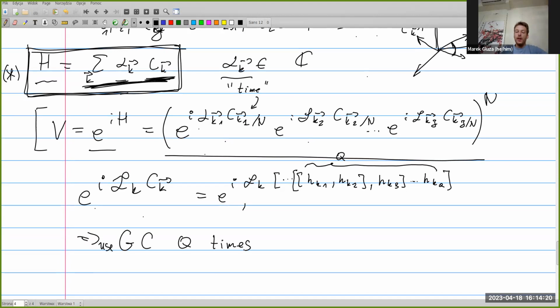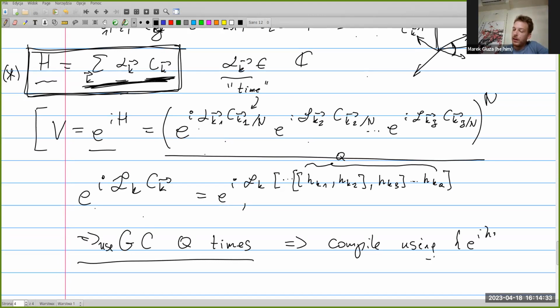If you already trust this, it means that we compile using gates e to i h q divided by n, or maybe some number n bar, with some arbitrary phases. If you have arbitrary phases here, compile using this, and arbitrary v, e to i to power h.